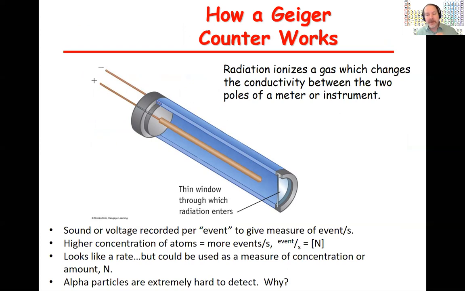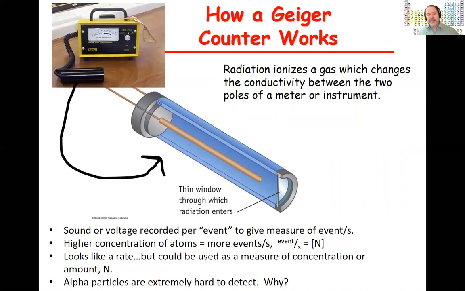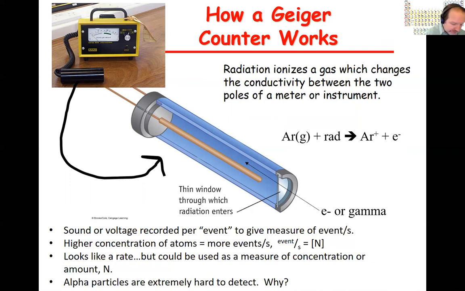As that ionizing radiation gets inside the tube on the outside of a Geiger counter, it ionizes the particles in there, which causes conductivity between this inner piece and the gas, argon, that's inside. They put a gas around there. It ionizes that and causes electricity to flow between this probe in the middle and the other materials in there.